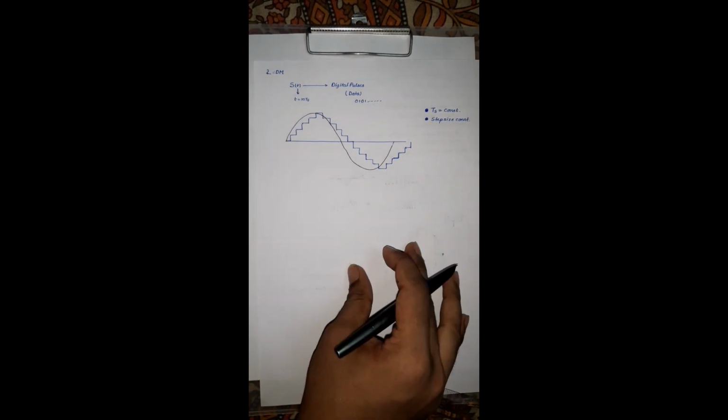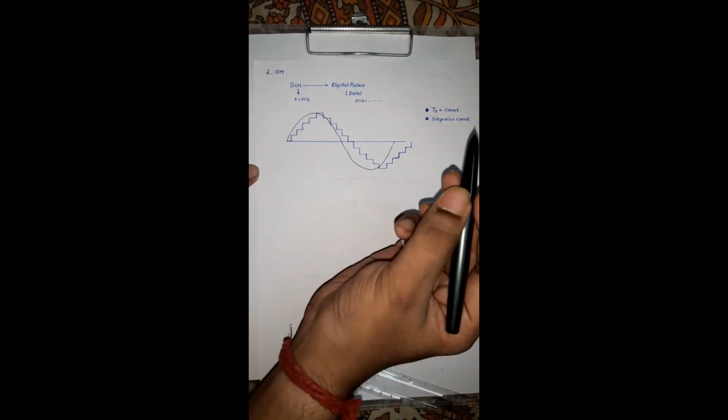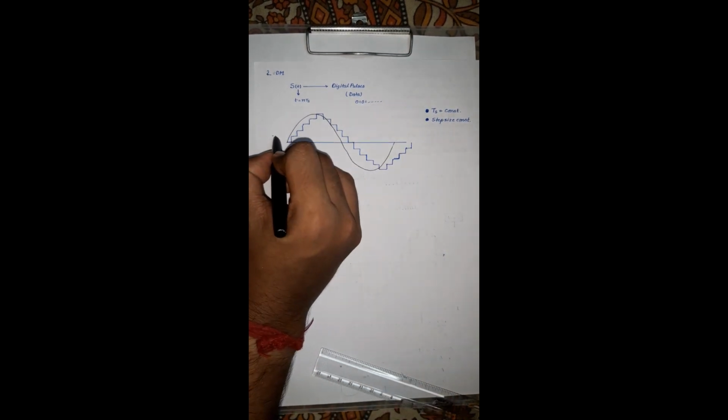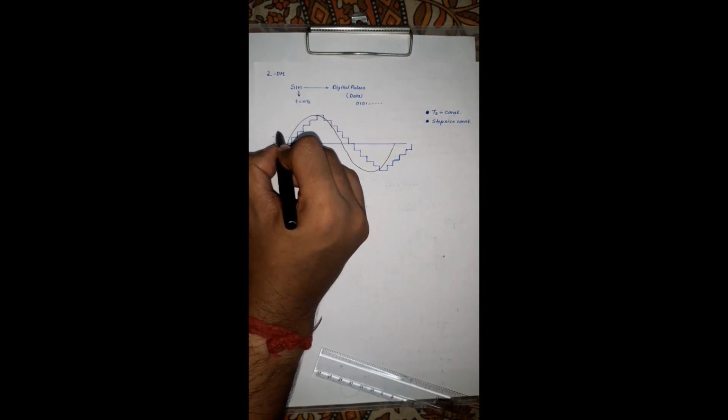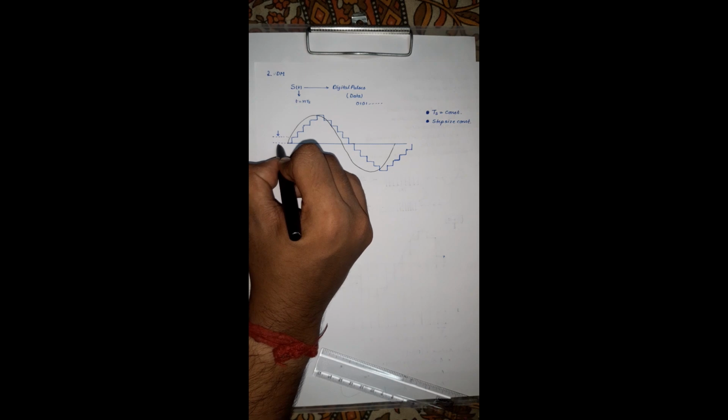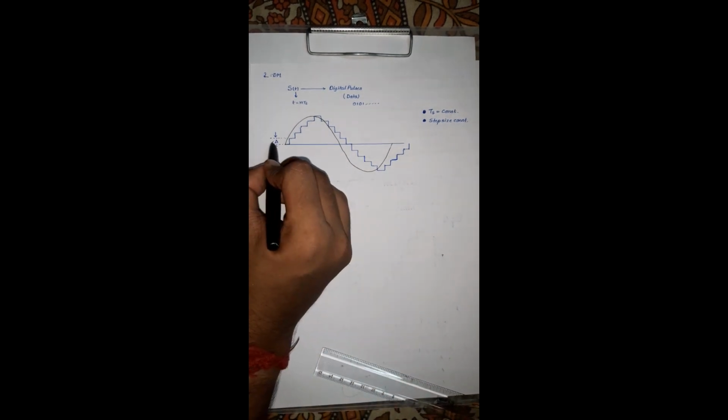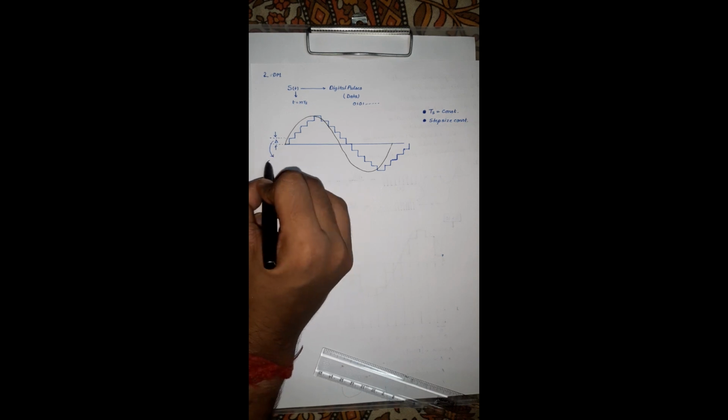This is the corresponding signal that is generated over here, and this single step is called the step size, denoted by delta.